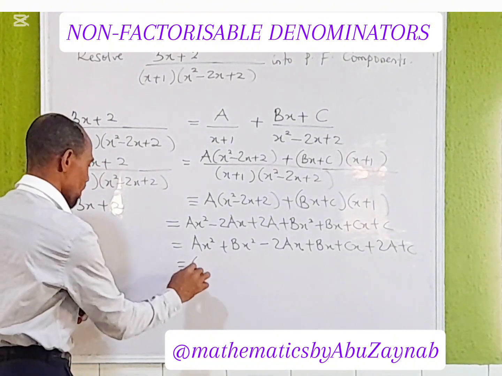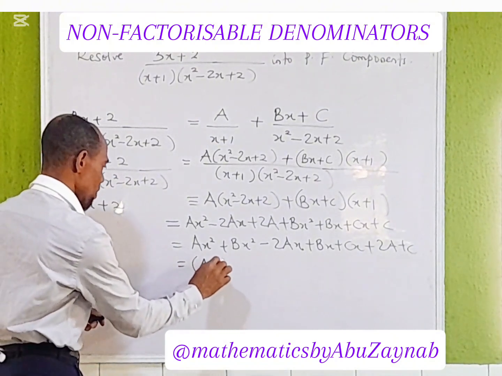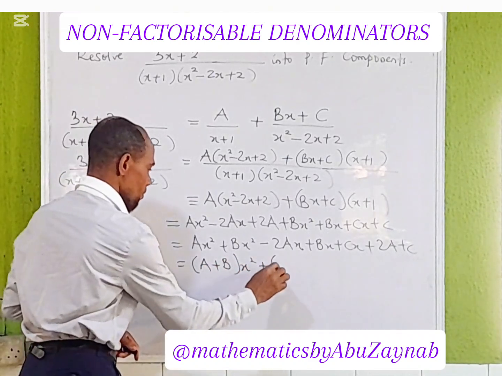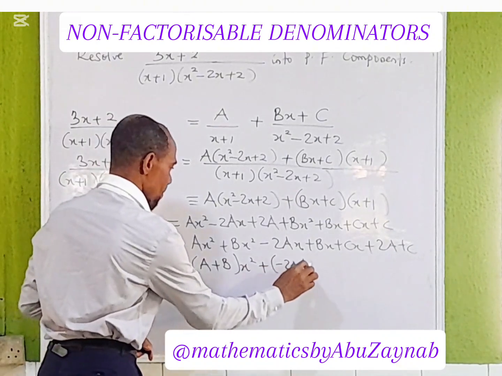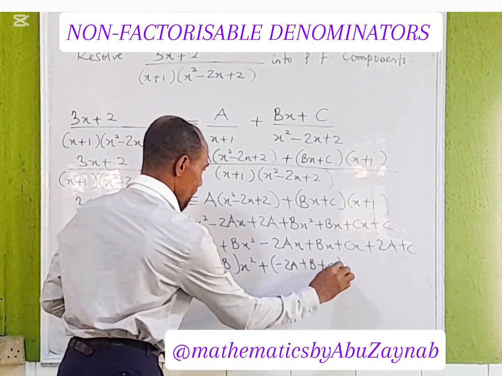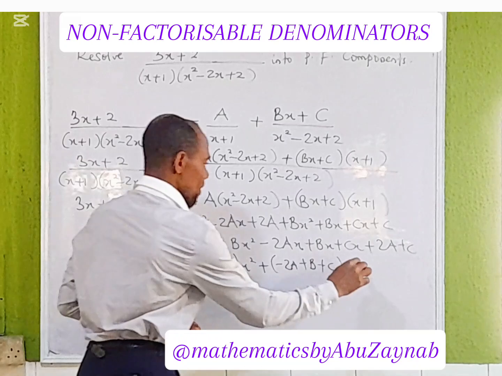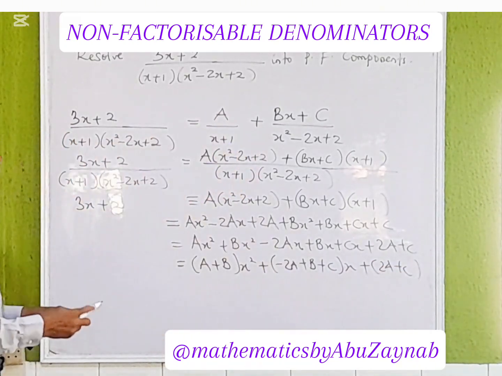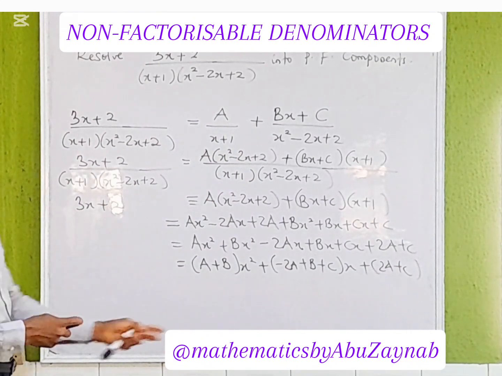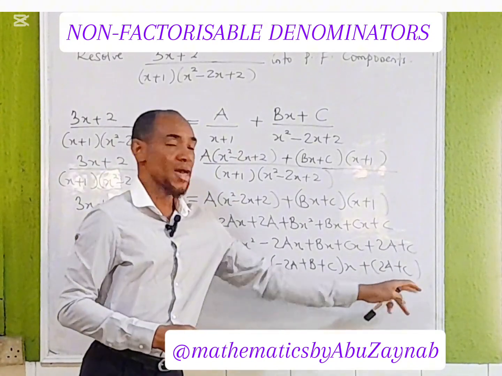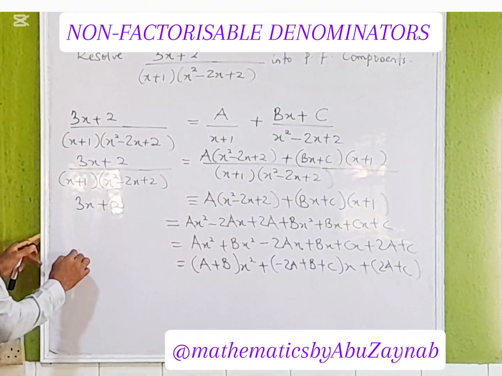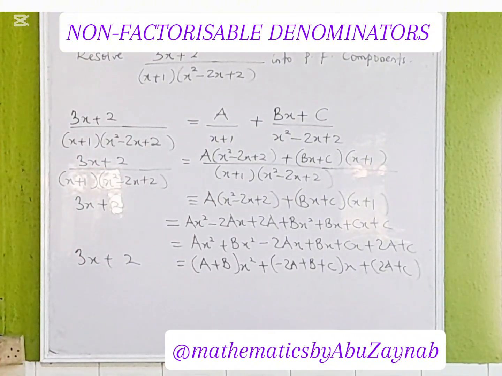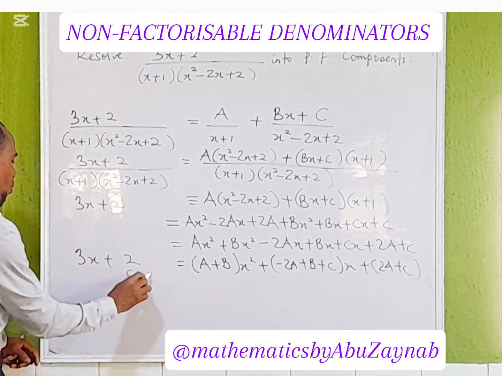So at this junction, I can now properly factorize: (A plus B)x squared plus (minus 2A plus B plus C)x, then the constants 2A plus C, now properly written in standard form: power 2, power 1, and constant, so you can directly liken it to the left-hand side. This is where the comparison comes in.